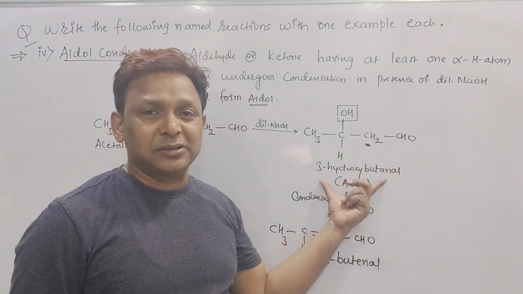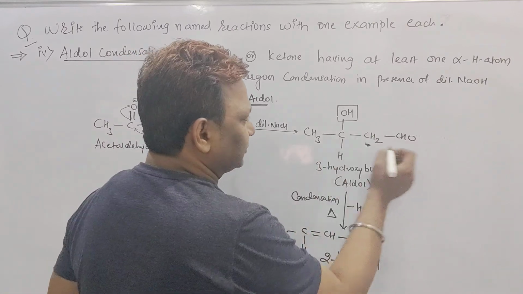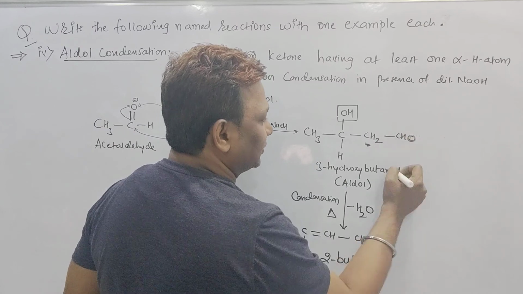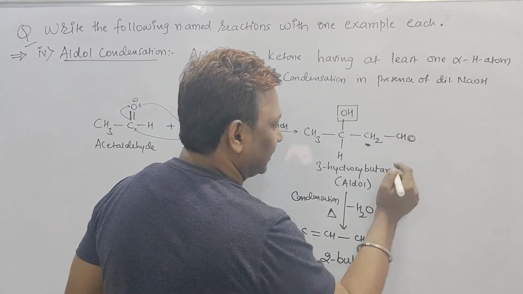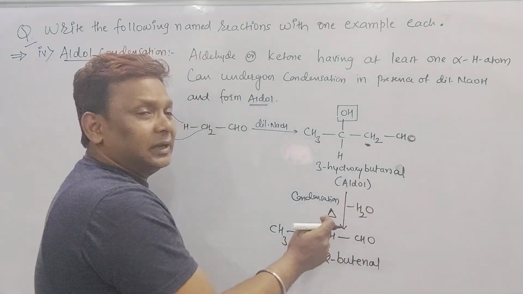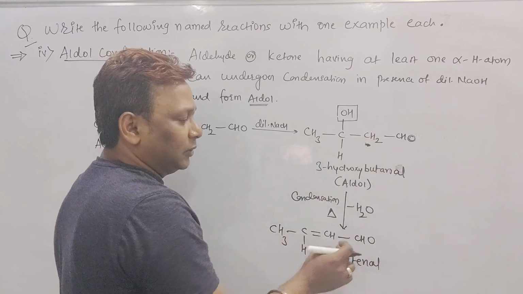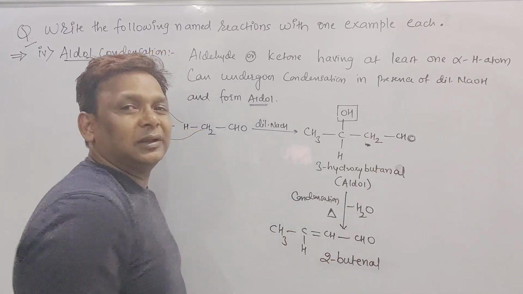Called 3-hydroxybutanal, because the aldehyde group is there. It is a butanal and called an aldol. But on heating it will take out a water molecule. OH from here, H from here, I will get a double bond. Right? Called 2-butenal.